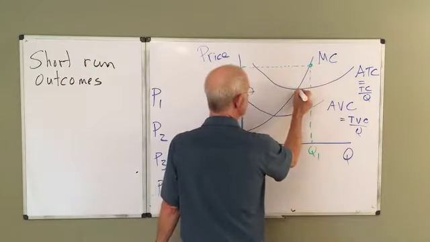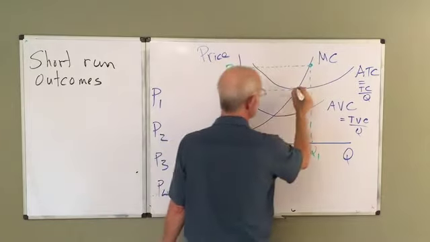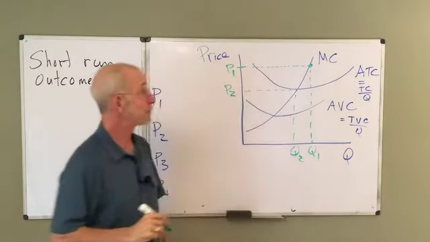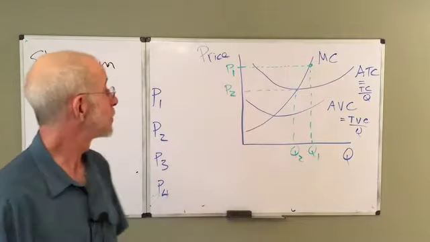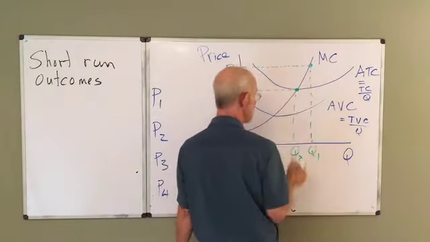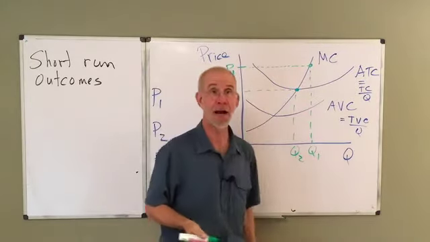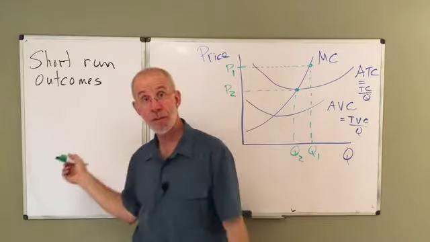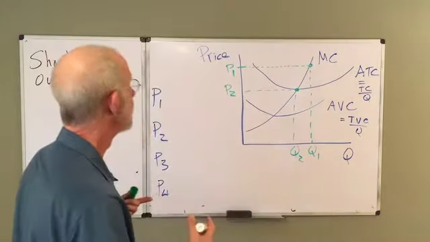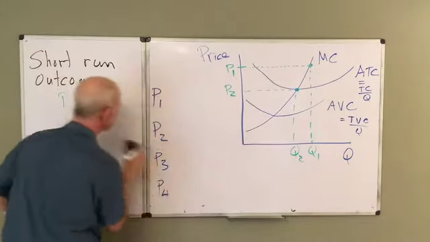We have another price, P2, and this price is one that I've chosen carefully so that where that price equals the marginal cost, that's where price equals average total cost. Similar to what we just did, that's a break-even point. Let me write this down.